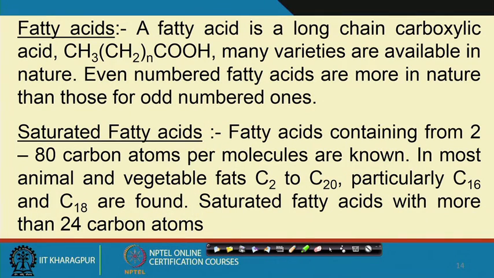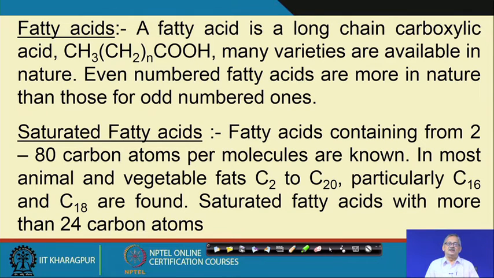Now, obviously the question comes: what are fatty acids, right. A fatty acid is a long chain carboxylic acid. The general formula can be CH3, CH2 whole n, COOH. Carboxylic acid is COOH. Carbon has 4 hands, that is 4 valency, so it can combine with 4, out of which 3 are taken by CH3.